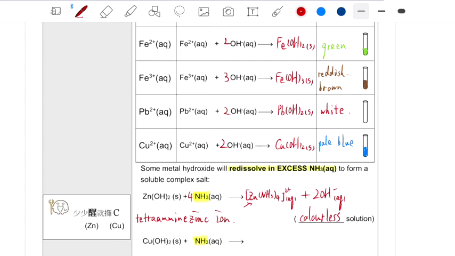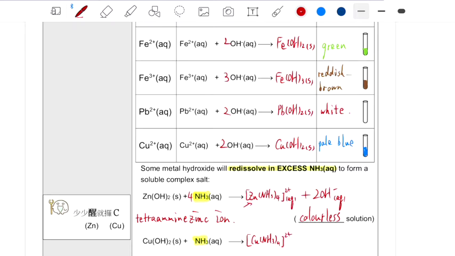And then the second special case is for copper hydroxide. Copper hydroxide, again, will combine with 4 ammonia molecules to form a complex ion which has this formula. Okay, the ammonia molecule carries no charge, but copper 2 ion carries 2 plus.